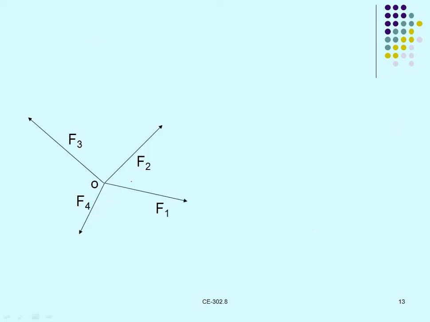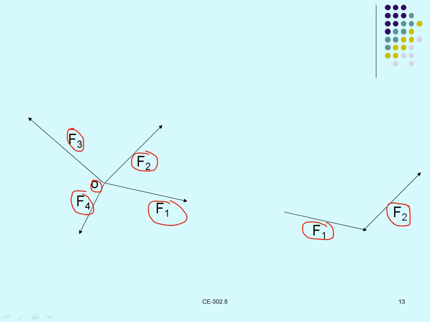That means here at the point O, we can see F1, F2, F3, F4. So the forces which act are represented systematically.